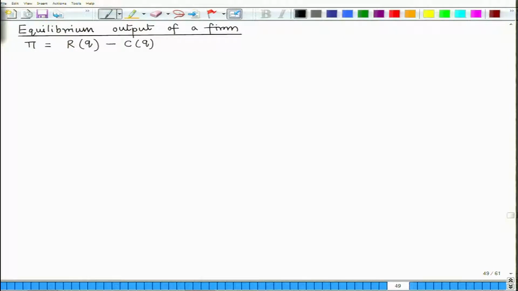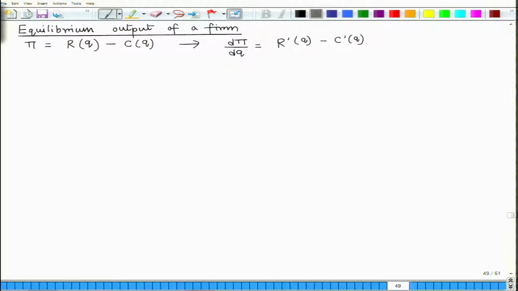Okay. So, now we know we need to maximize profit. To maximize profit, we need to take derivative with respect to output level, and we get expressions like R prime Q minus C prime Q.